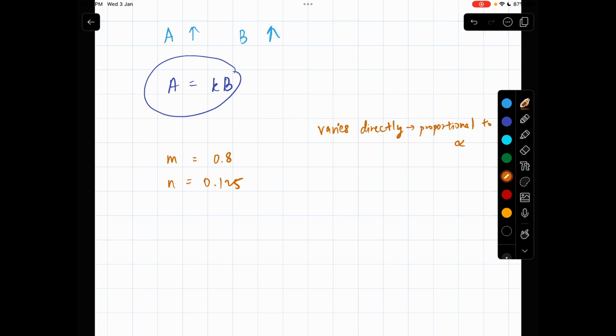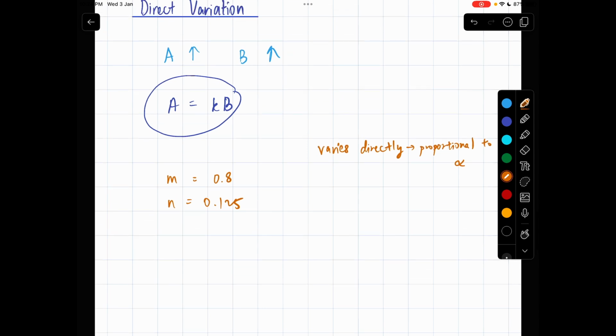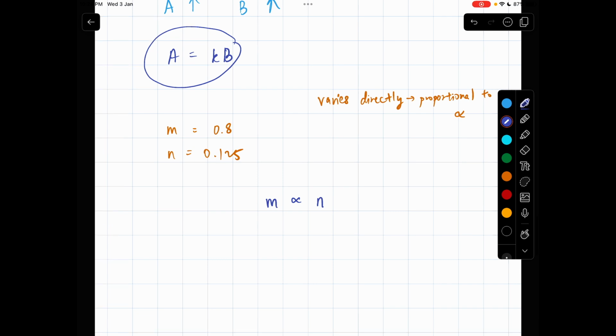Since we already know the concept, we know the form, so let's first write it down in the variation form, where it will be m is directly proportional to n. It varies directly. That's it. And then let's write it down in the form of equation. m equals to k, remember, this becomes k, then n right over here.